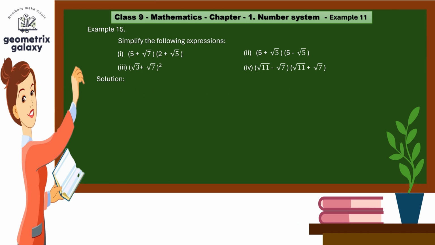Root 5 square is 5. So 25 minus 5 is equal to 20. Now we will see the third subdivision: (root 3 plus root 7) whole square. By looking at this question, what identity comes to your mind, students? Please think a while. Yes, it is (a plus b) whole square, which is equal to a square plus 2ab plus b square.